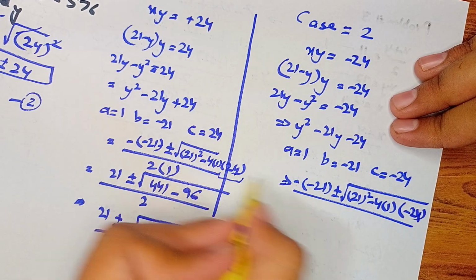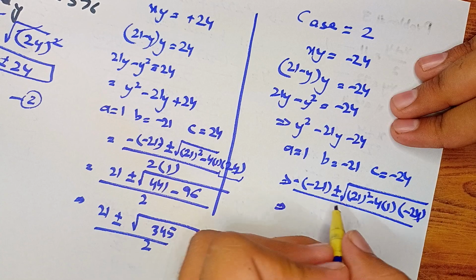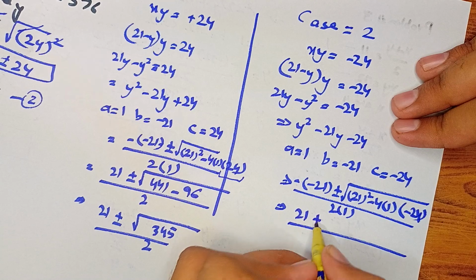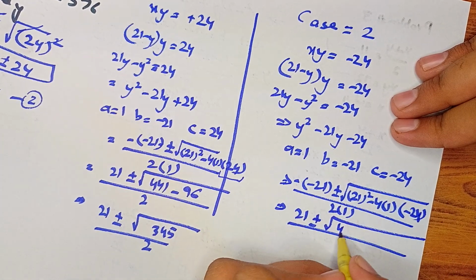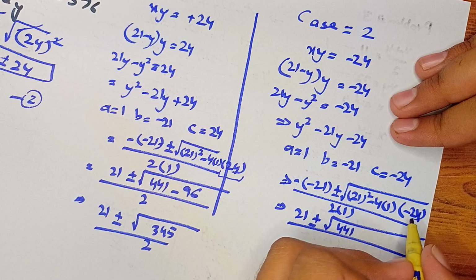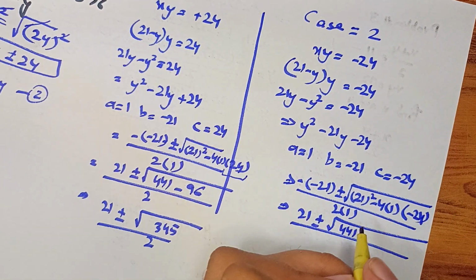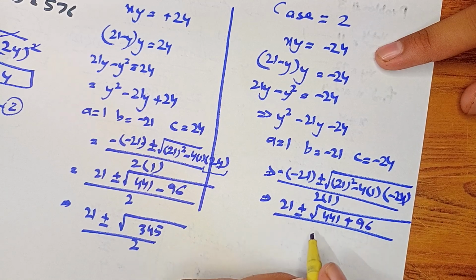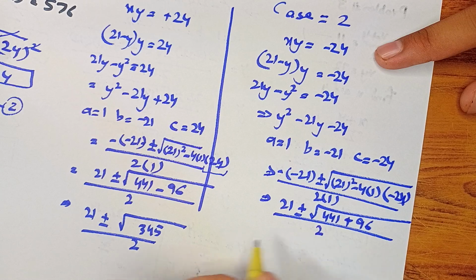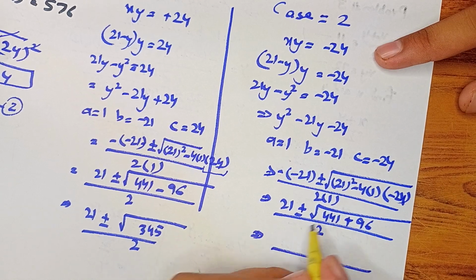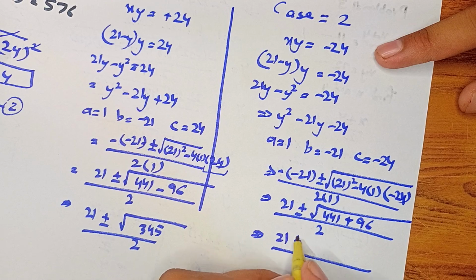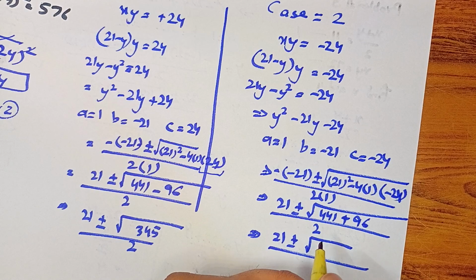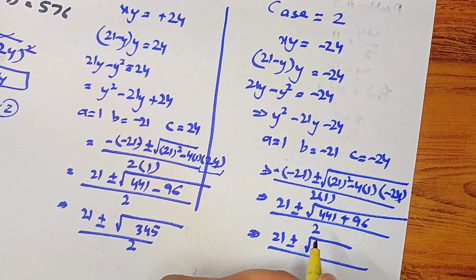There is a positive and a negative value that makes these two parts different. 21 whole square is 441, and 4 multiplied by minus 24: minus minus should be positive, and 96 should be positive, so the values are added. After adding these two values, the answer is approximately 537.